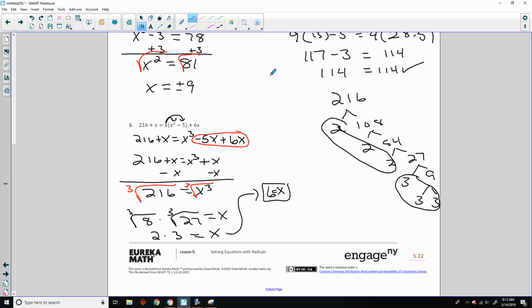X equals 6. Okay, so now I check that. Where can I do it where I have room? 216. So I'm just rewriting this right here.